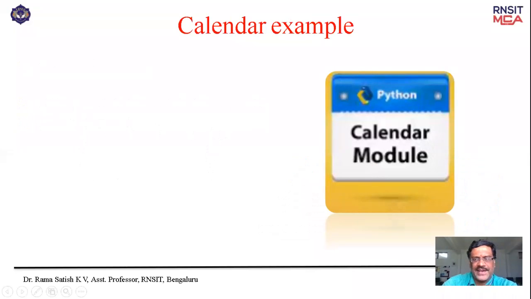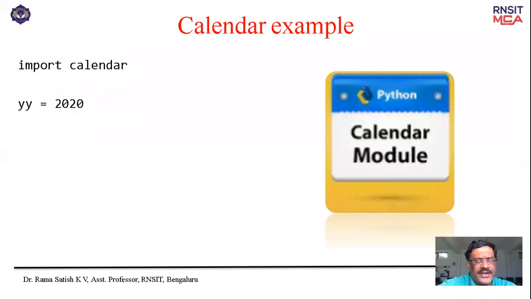Next is the calendar module. I'm giving one simple example, and different examples, so that you understand better what are the different types of modules that you can have. These are all just samples. First, import calendar.